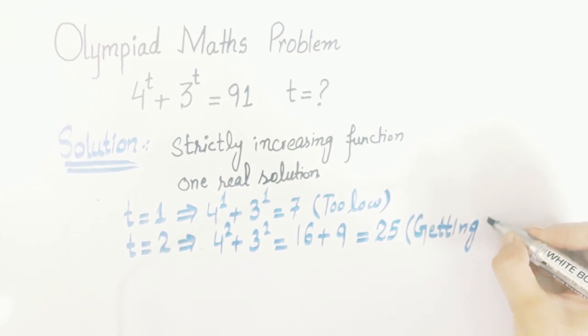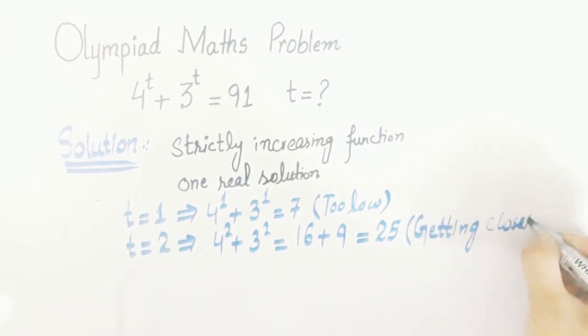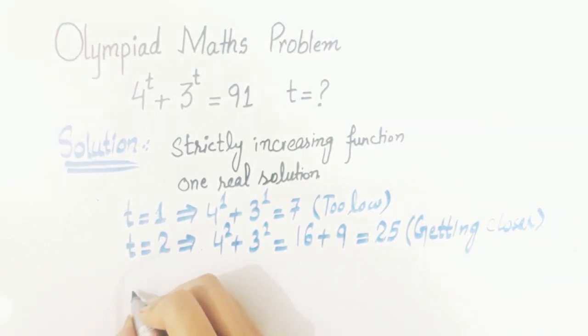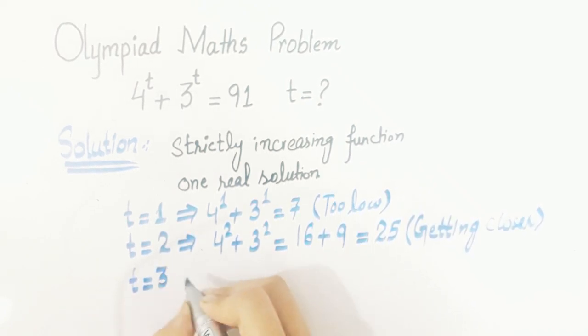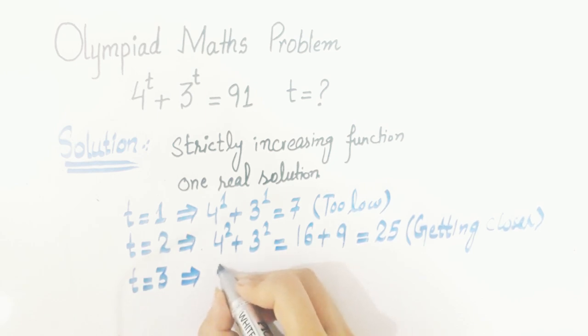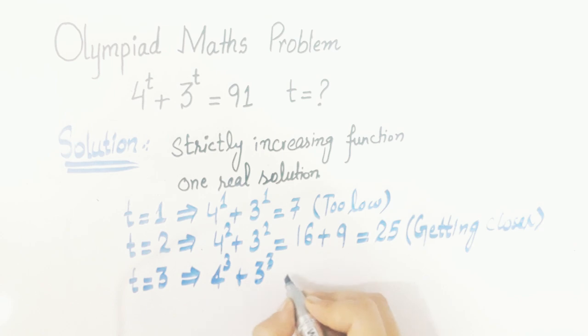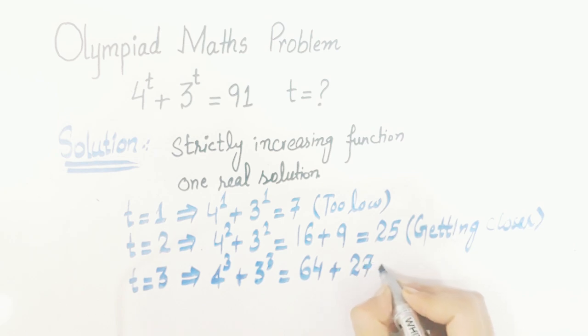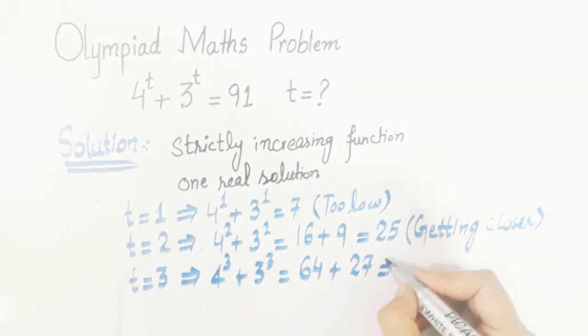We will continue this process, and when we substitute t equals 3, we get 4 raised to power 3 plus 3 raised to power 3. 4 raised to power 3 is 64 plus 27, which equals 91.